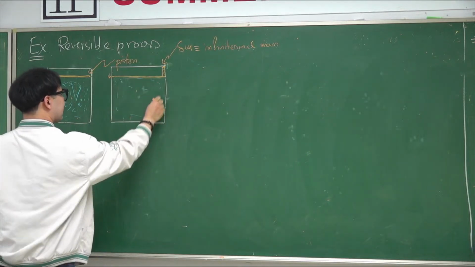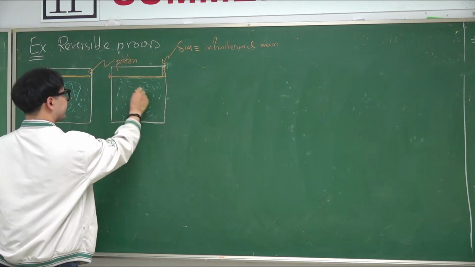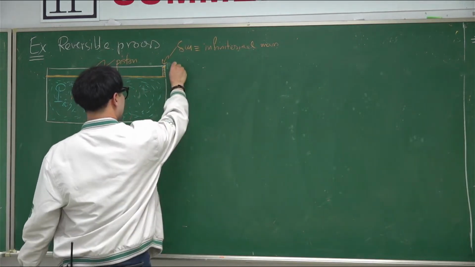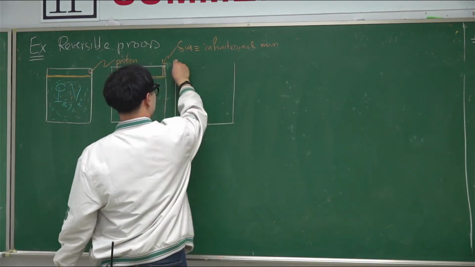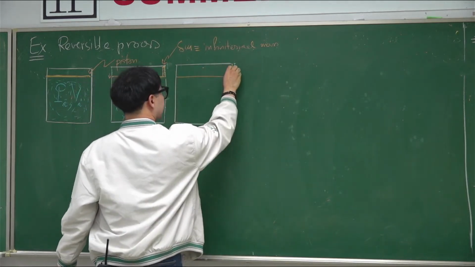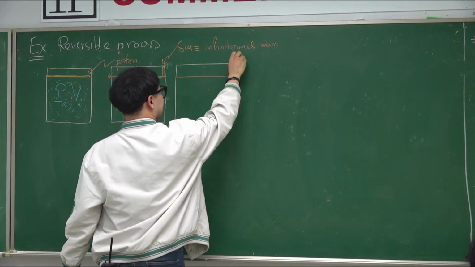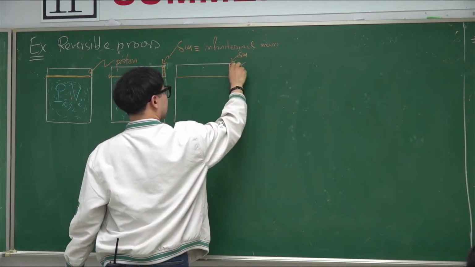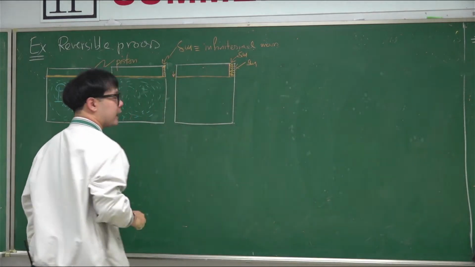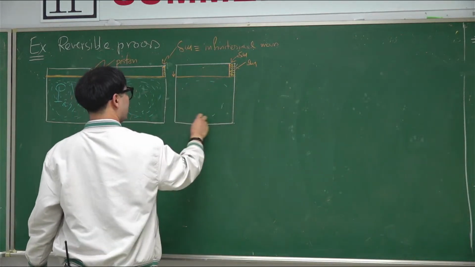But this process is still in thermal equilibrium. So what you can do is add more, another bit of mass, right here. And then this piston will get down further a bit, and it's still in thermal equilibrium.